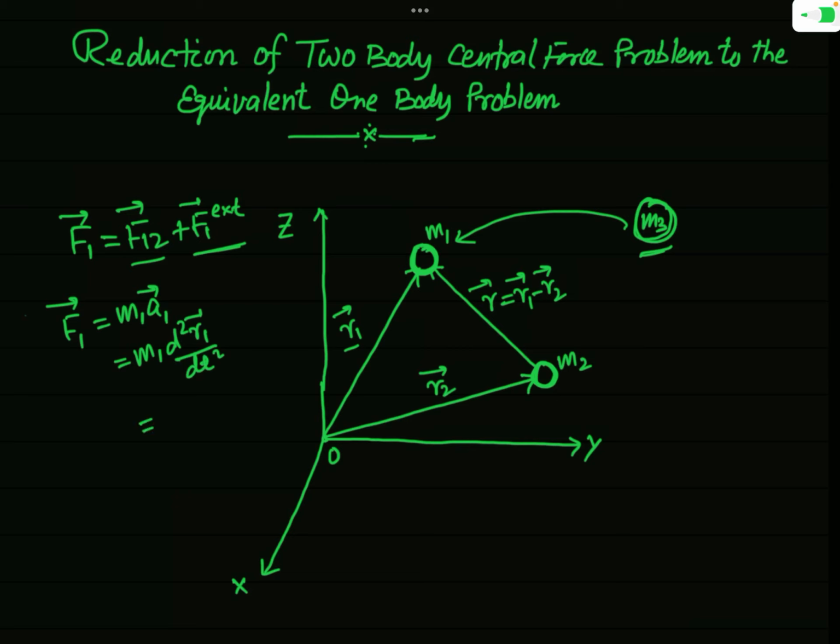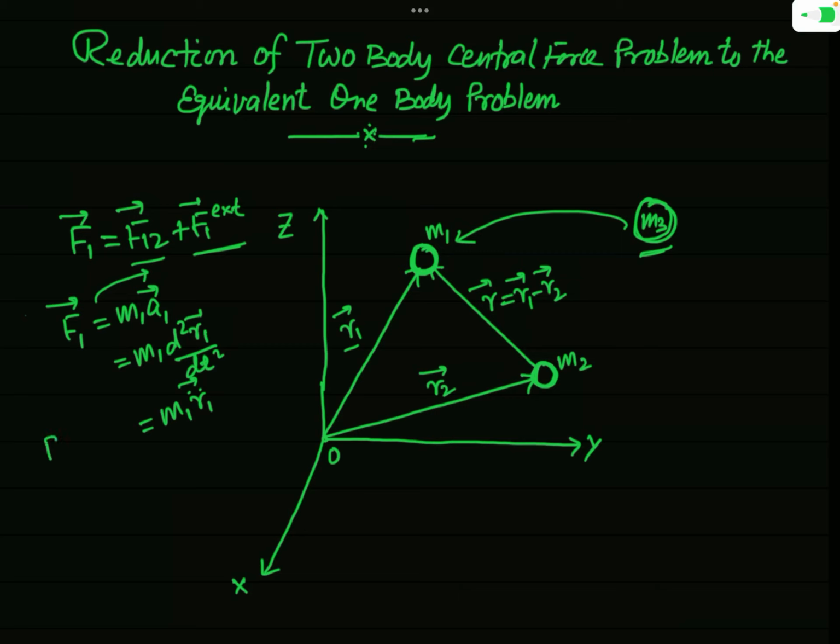And in dot symbol, this can be written as m1 r1 double dot. So this F1 is equal to this much, but F1 is equal to F12 plus F1 external. So let us now substitute that.